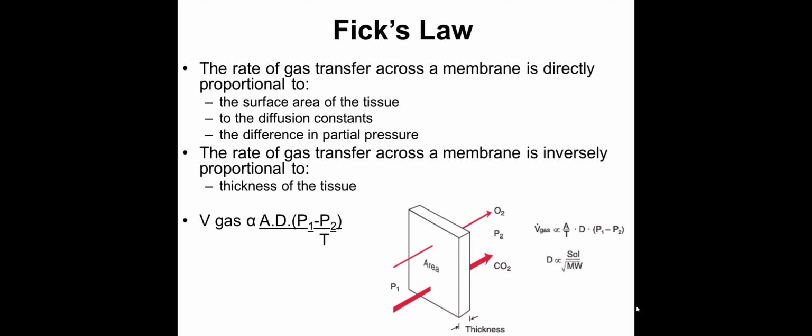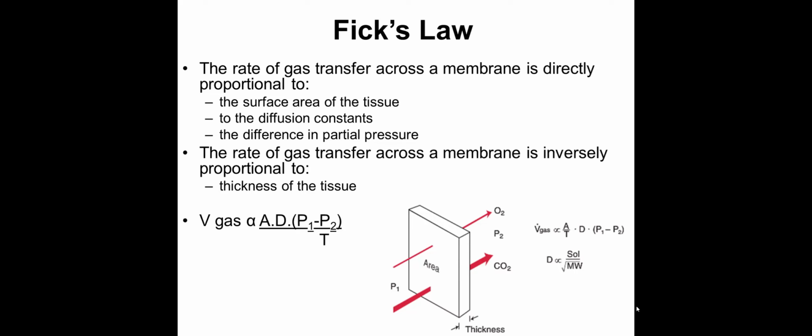So if we look at this formula here, diffusion of gas, and here it actually with the dot over the V means flow, is proportional to the surface area times the diffusion constant times the difference in pressure.